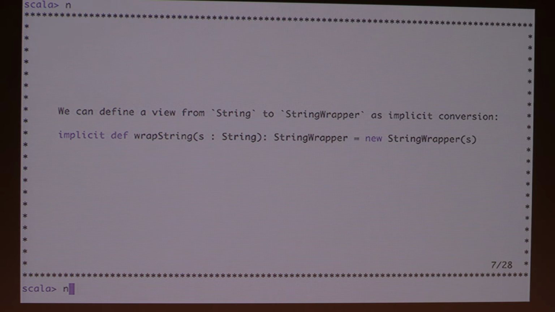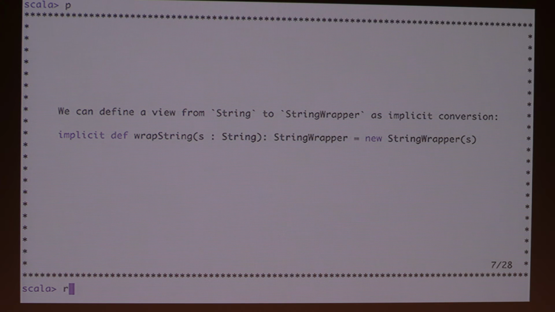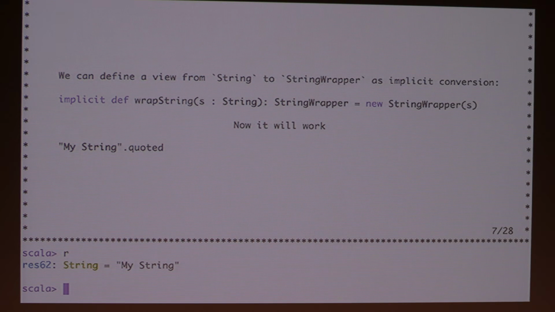Now, if we try to run this code, instead of not compiling, it will try and make it work by using an implicit. So it will look into the implicit scope, will see the wrapString method, and will apply it to the myString, and now it will work.